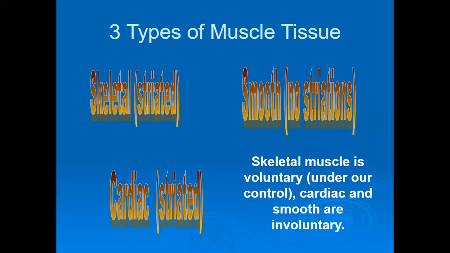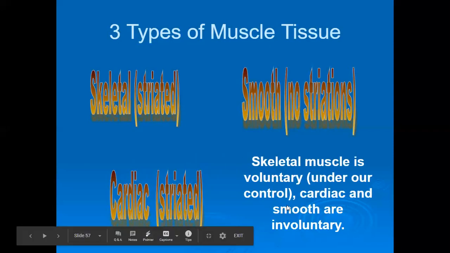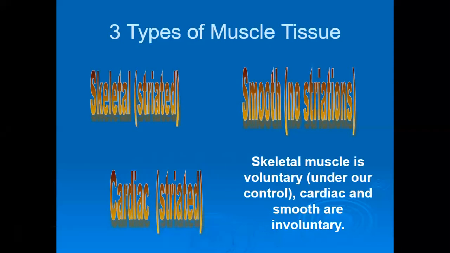Your smooth muscle and cardiac muscle are involuntary, because that means that your brain tells them what to do without you having to think about it consciously. It's an autonomic response. So your heart doesn't need to be told beat, beat, beat, beat, beat. It gets its own information from the brain without us having to tell it what to do.